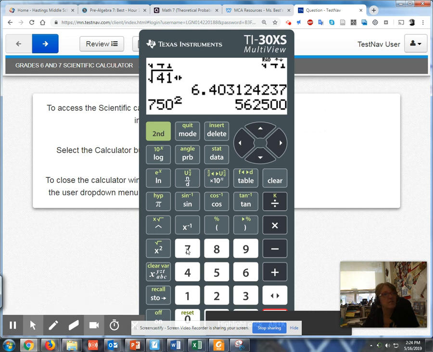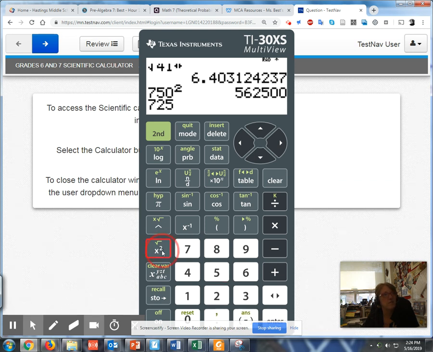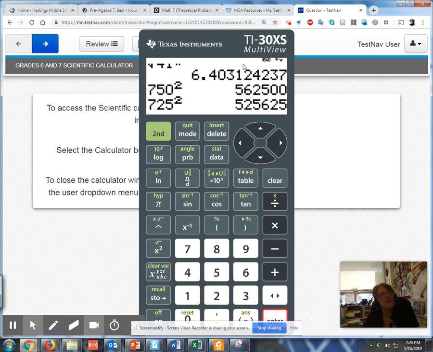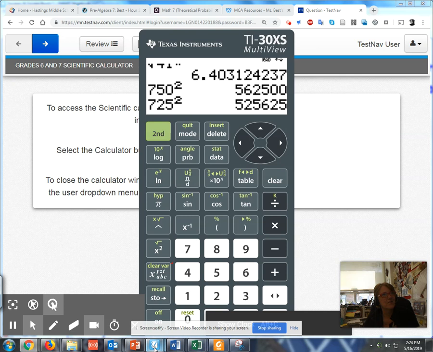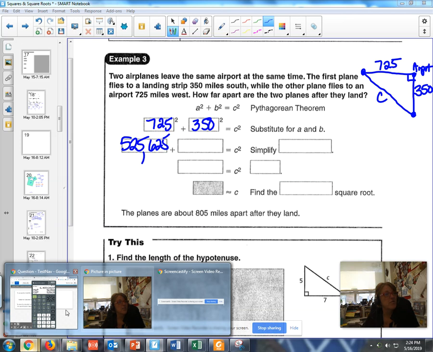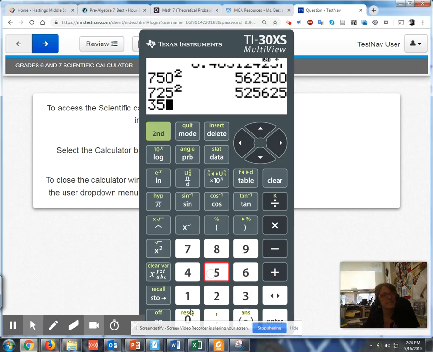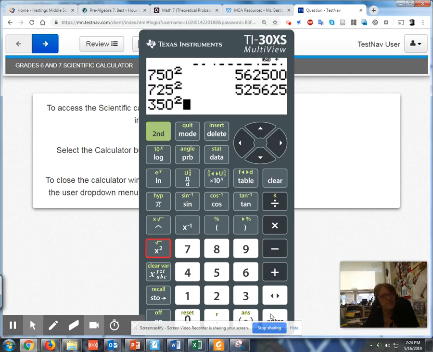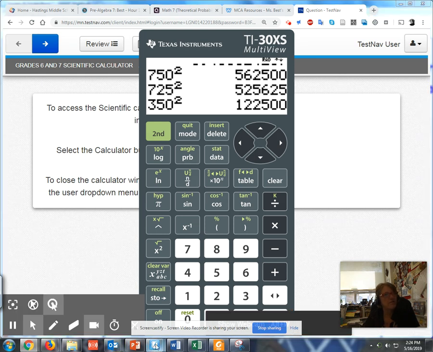Forget that number. 725 squared. Here we go. That looks better. 525,625. All right. 350 squared. 122,500.